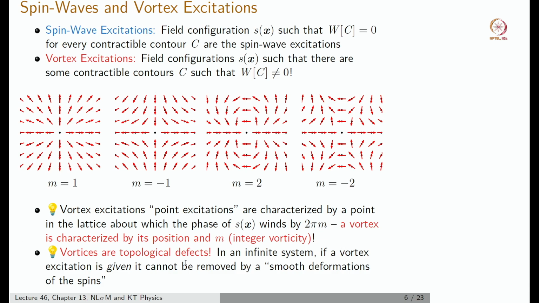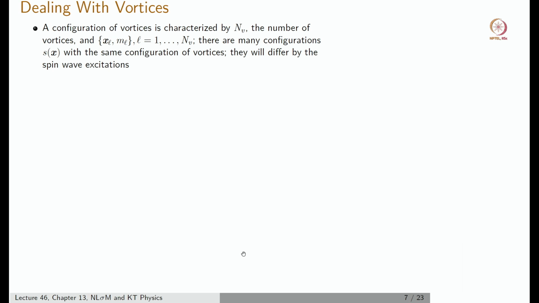So this is why they are called topological defects. So you can ask me a legitimate question: I start off with the torus, how can I get this vortex excitation if I can't introduce a single vortex? So that's what I'm going to show you next.